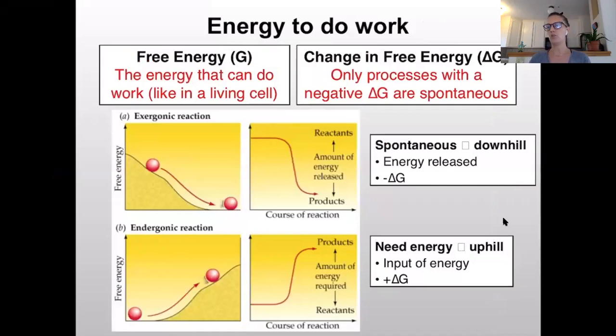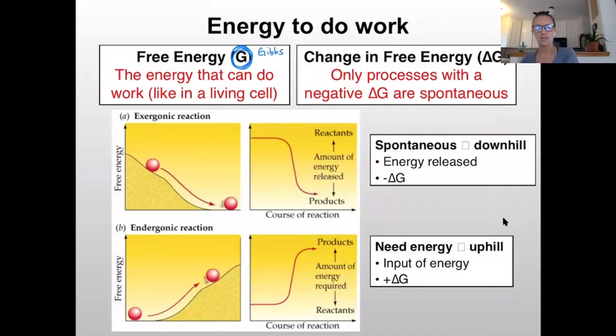All right. So energy to do work. We know our cells have to go through thousands upon thousands of reactions for their metabolism. And so in order to do those reactions, we need energy. All right. So free energy, we are going to define as G, right? And that stands for Gibbs free energy.